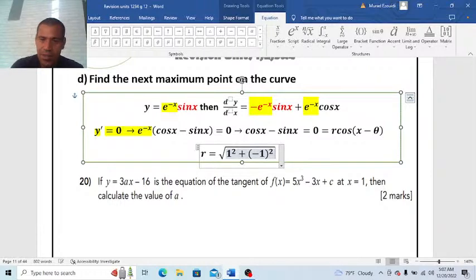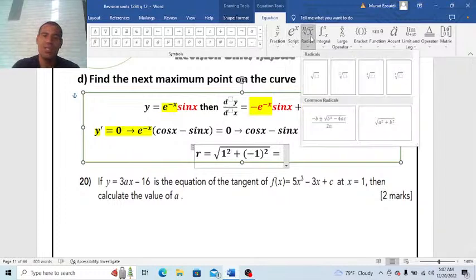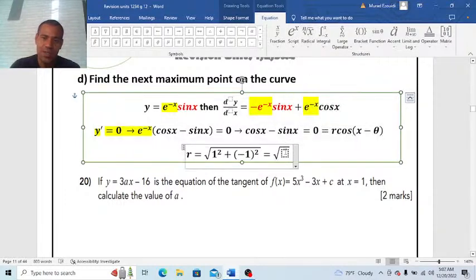In fact this is equal to root of 2. 1 squared is 1, minus 1 squared is 1, 1 plus 1 is 2. So root of 2 is the radius.